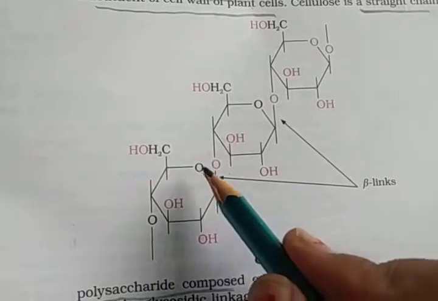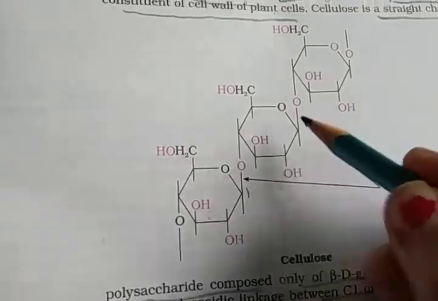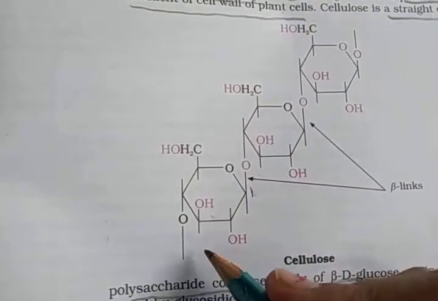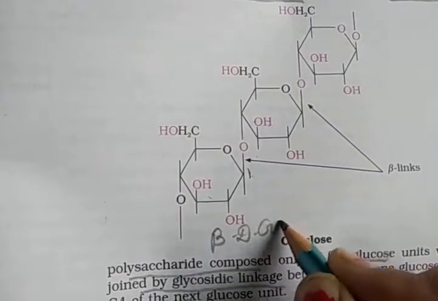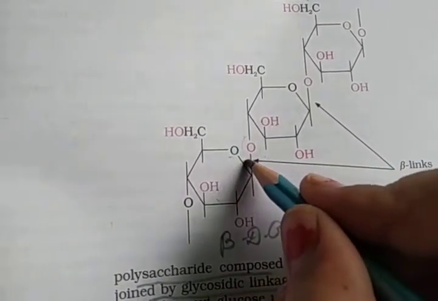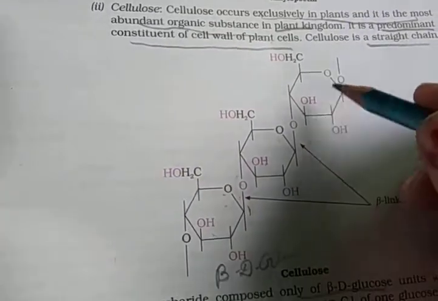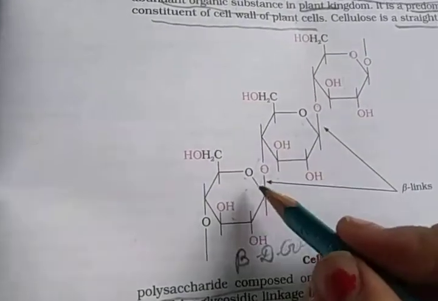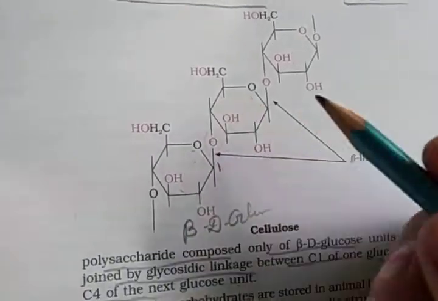So here you see this is a glucose unit with oxygen, and this is carbon number 1 attached to the other ring. This is the other glucose unit, but we have to see that this is the beta glucose unit. Beta glucose means the OH is on the upper side from the oxygen. So the carbon 1 is attached to carbon number 4.